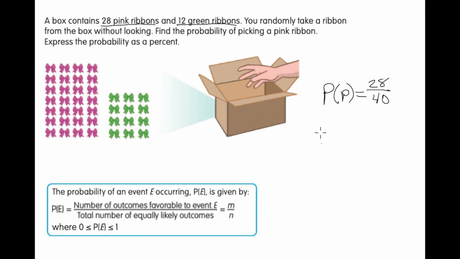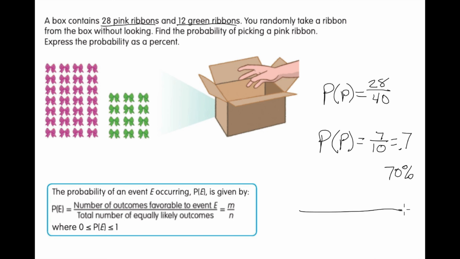If we reduce that, 4 goes into both of these. 4 goes into 40 10 times. It goes into 28 7 times. So that reduces to 7 over 10, or 7/10, which would be a 70% chance of occurring.